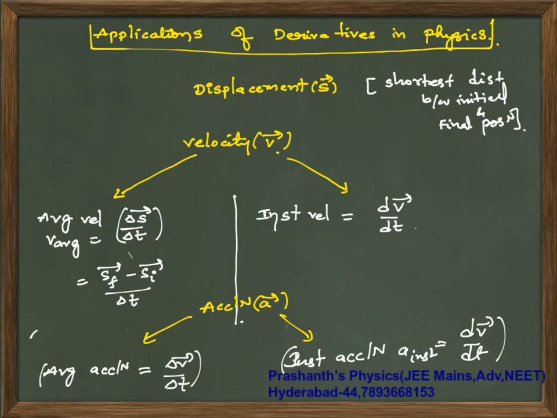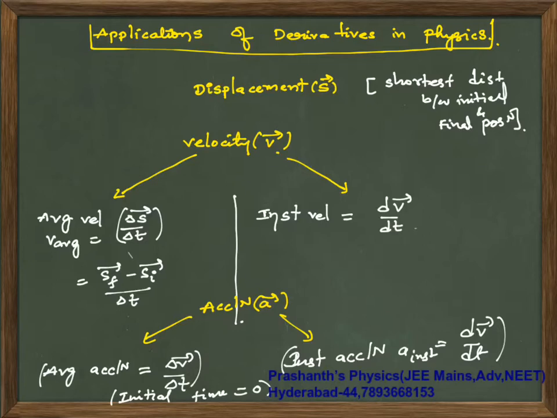Average acceleration is delta v bar by delta t, instantaneous acceleration is dv by dt. Instantaneous you will use at a particular point of time and average you will use between a time interval. This is what we have seen.